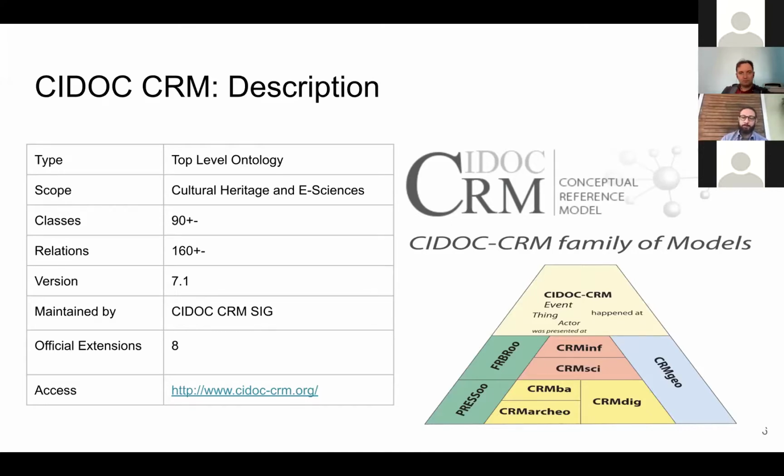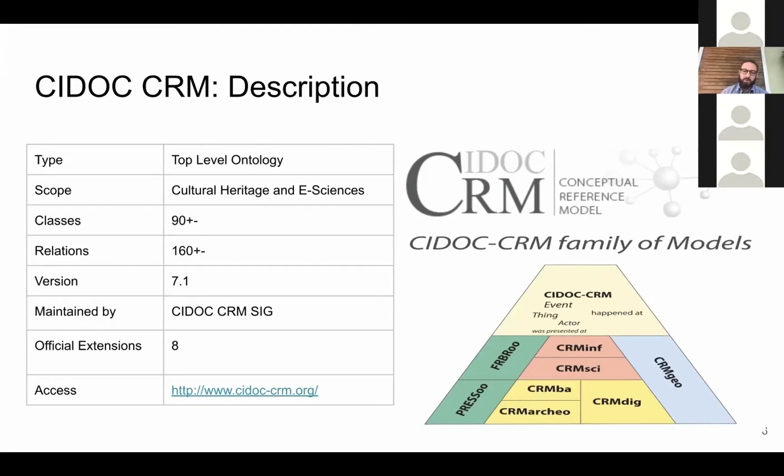So I'll just give you the headlines. FRBRoo, I mentioned, is an extension of CIDOC CRM that links to library information as documented in the FRBR standard and allows you to describe library information and basically intellectual creative processes. So it's a very useful and interesting extension.